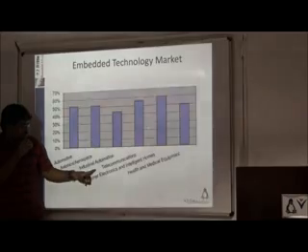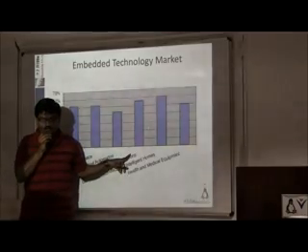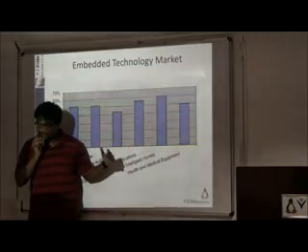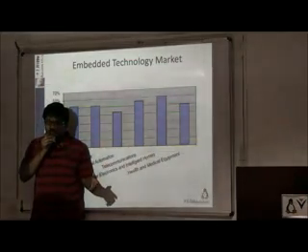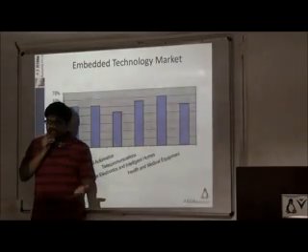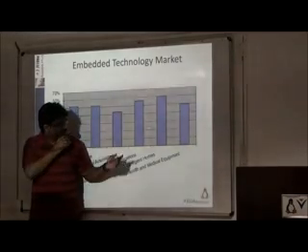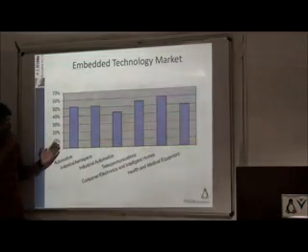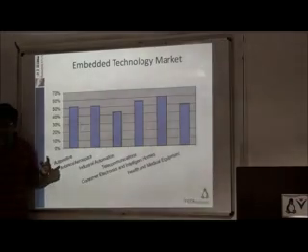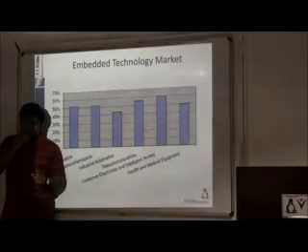Followed by telecommunications, the mobile sector, where lots of investments are happening, 4G and 3G networks are evolving, and lots of embedded devices like routers and different kinds of switches are being used. Next, followed by the rest of them. The automotive industry also is doing well these days. Most of the cars today are more expensive because of the onboard computers than the steel used to build them, right?